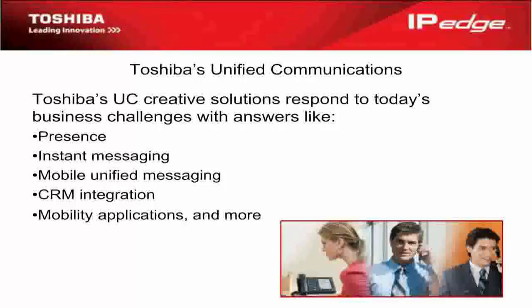Mobile Unified Communications can message a user on their office telephone, their PC, or their smartphone when they're away from their desk. CRM integration, or Customer Relationship Management integration, saves time for answering personnel and provides better service by immediately indicating which customer is calling with screen pop integration and a variety of mobility applications and more.